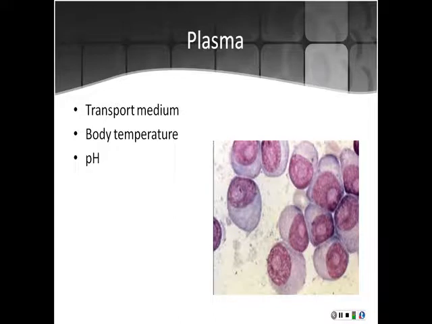And as the plasma passes through active organs like the liver and skeletal muscle, the water in the plasma is heated up, and then the heat is distributed throughout the body as the blood circulates, which will help to regulate body temperature. And then there are chemical buffers in the blood which prevent sudden fluctuations in pH, so that's how it'll work at helping with maintaining pH levels.